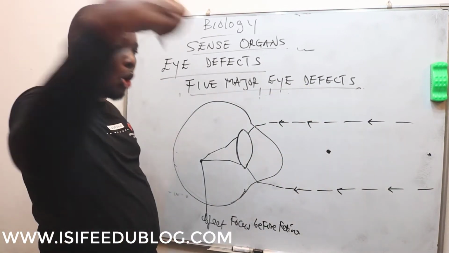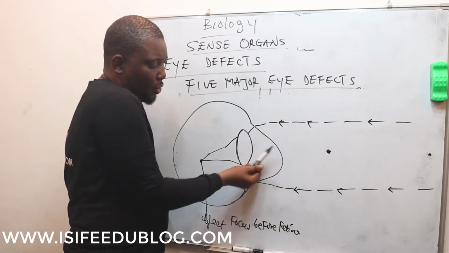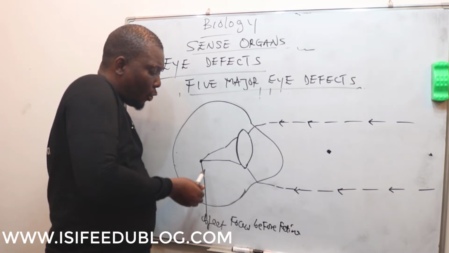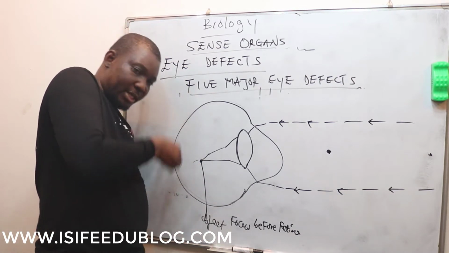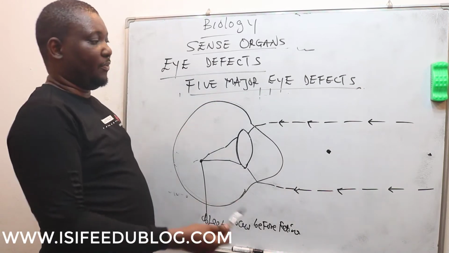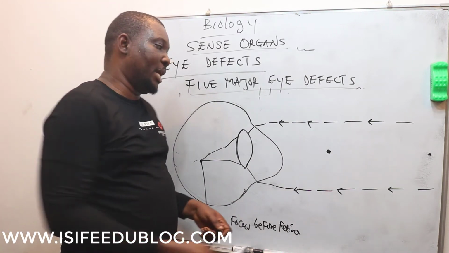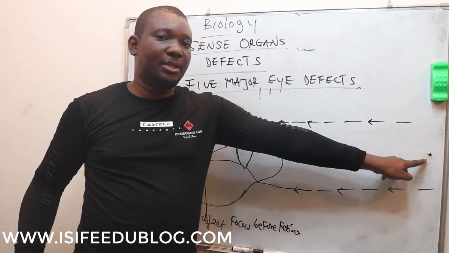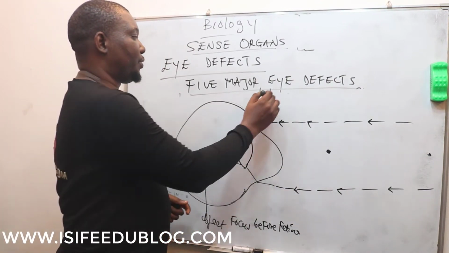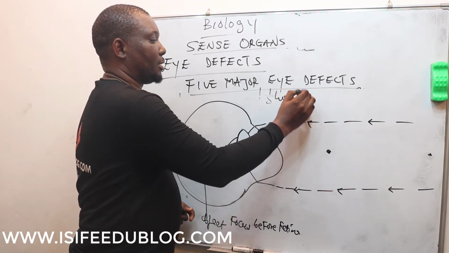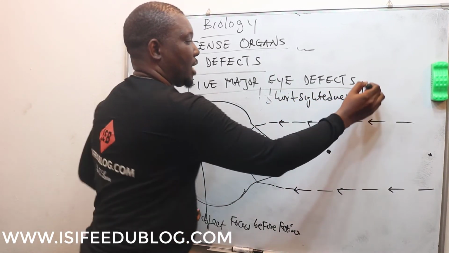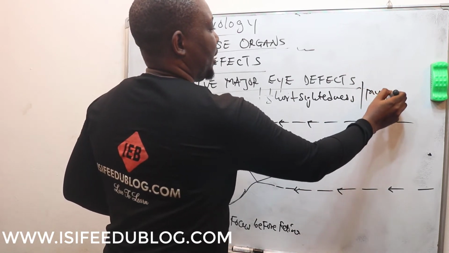There is too much curving of light by the cornea, making this light fall before the retina. And if this happens, this individual can only see objects near but cannot see objects far. It becomes a serious case of short-sightedness, which you can also refer to as myopia.